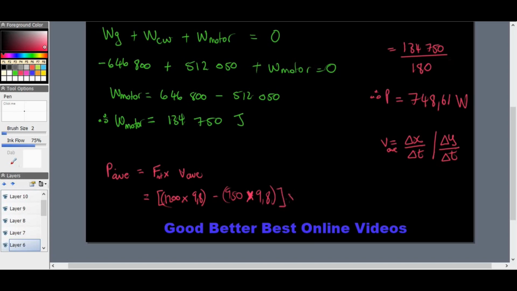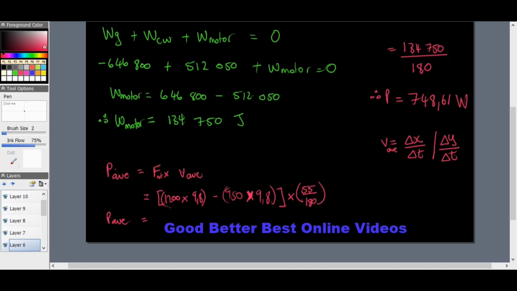Multiplied by the average velocity, which is 55 meters, delta y, divided by time 180 seconds.